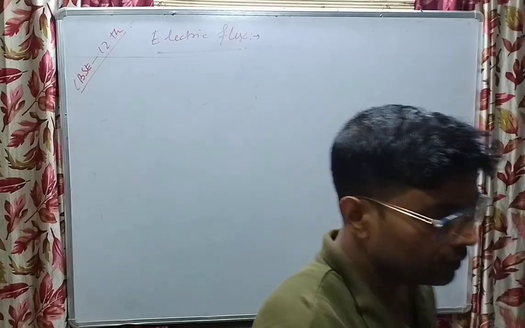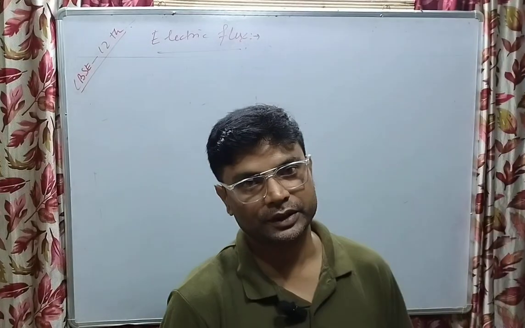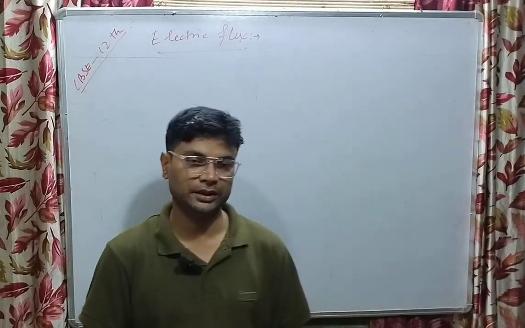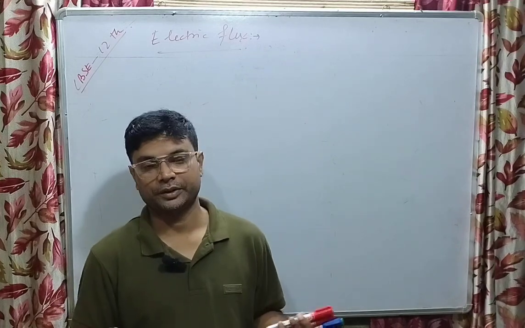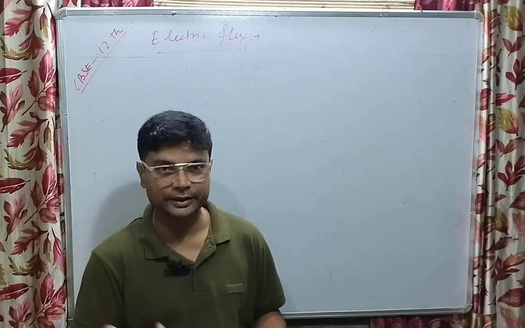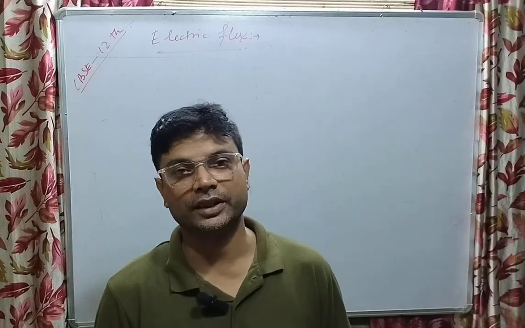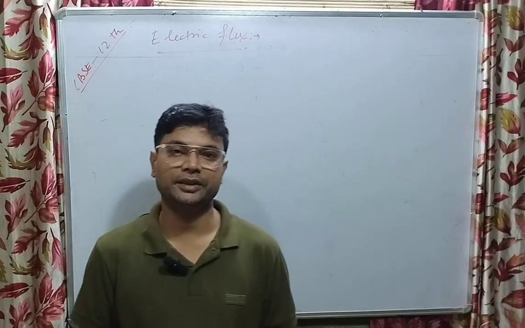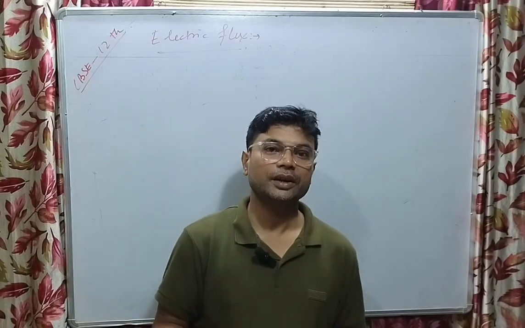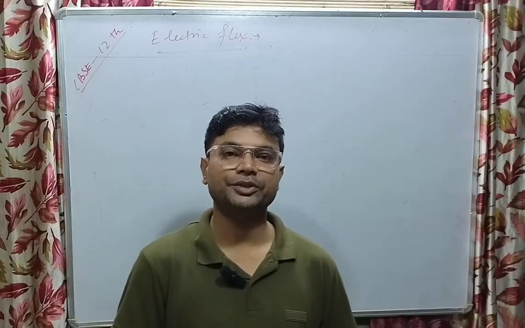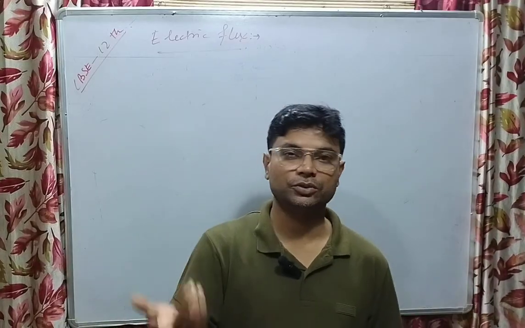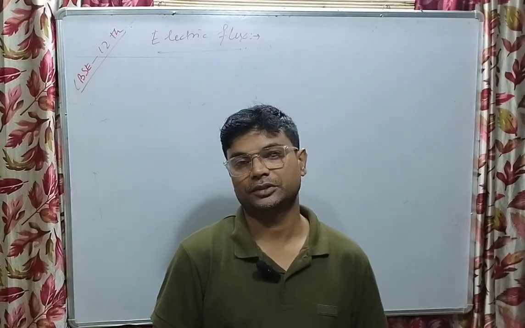Simply, first we need to understand electric flux. What is electric flux? Electric field lines are imaginary lines that start from a positive charge and end at a negative charge.